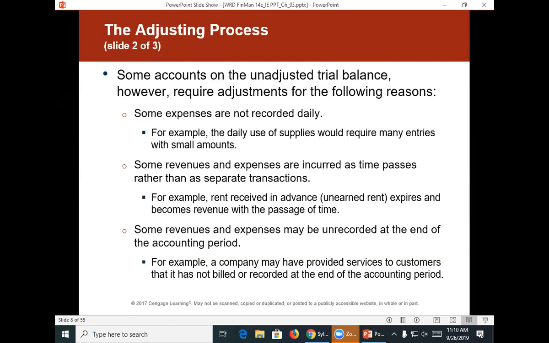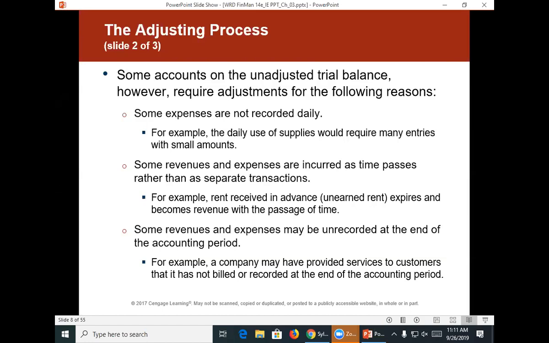We might also have stuff that we've paid in advance, like other prepaid expenses. We've dealt with supplies, but we may have rent or insurance that we paid in advance. What if we paid 6 months worth of rent? We paid June 1st for 6 months worth of rent. Well, if we're at the end of the year, we've used up all of that rent now.